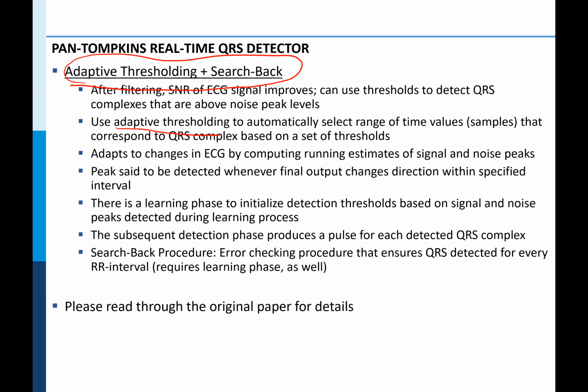It's not a one size fits all formula. Yes, up to the moving average, we can use some fixed filtering operations, but after that, we have to use some adaptivity so that it's tailored according to the subjects or the patients. That's exactly what the adaptive thresholding is doing.